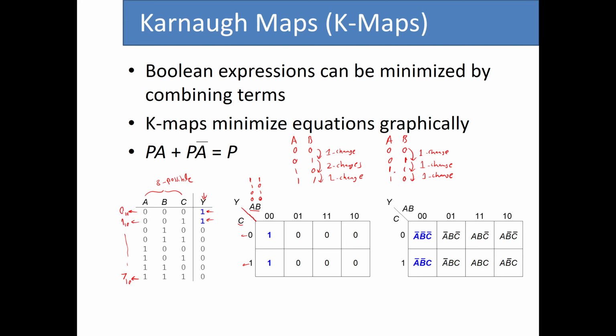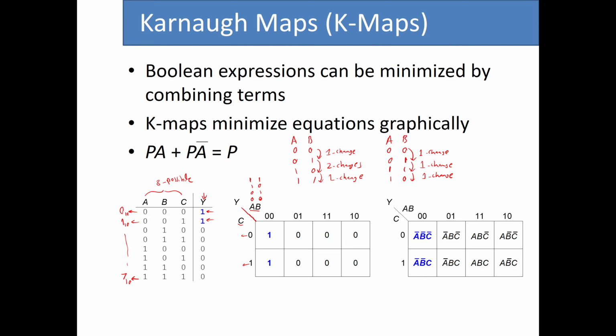We go from 1, 1 to 1, 0. A is fixed at 1, and B changes from 1 to 0. So as you can see, by using a slightly different order, we can make sure that when we go from one combination to the next one, only one variable is changing.